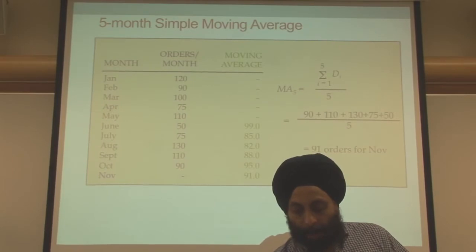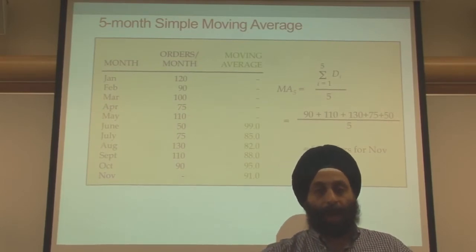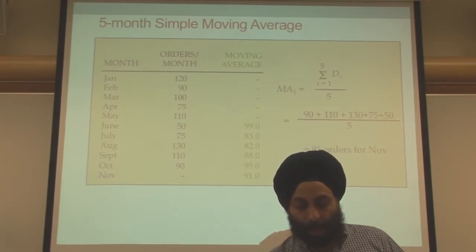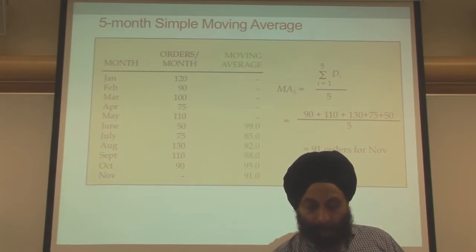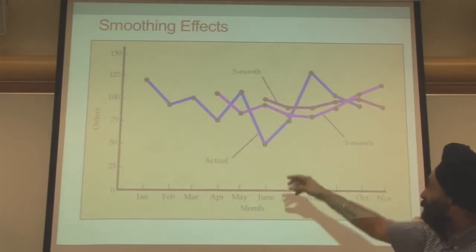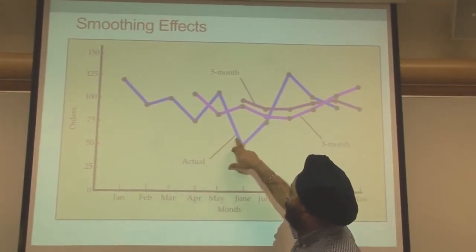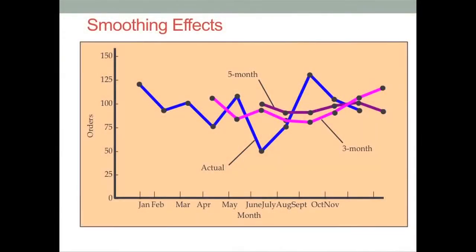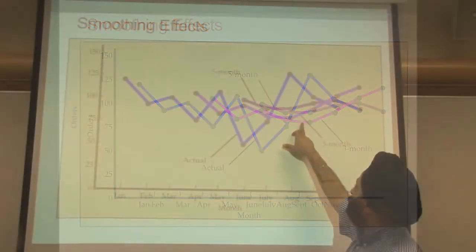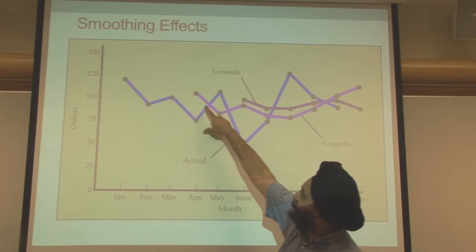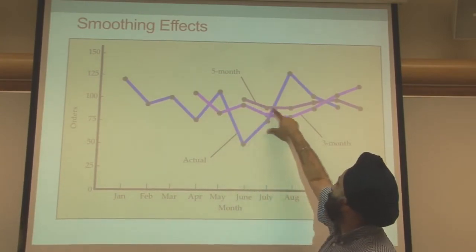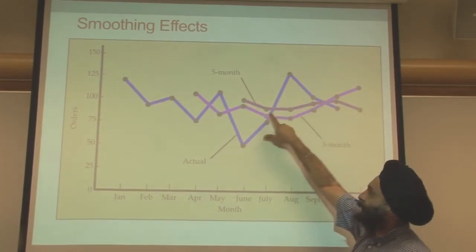The larger the number of periods, the smoother the forecast is going to be, because it's not going to fluctuate that much. Here is an example where the actual is indicated by the almost blue line, whereas the pink line over here is the 3-month data, which is less wavy, and the least wavy, smoothest line is the 5-month.